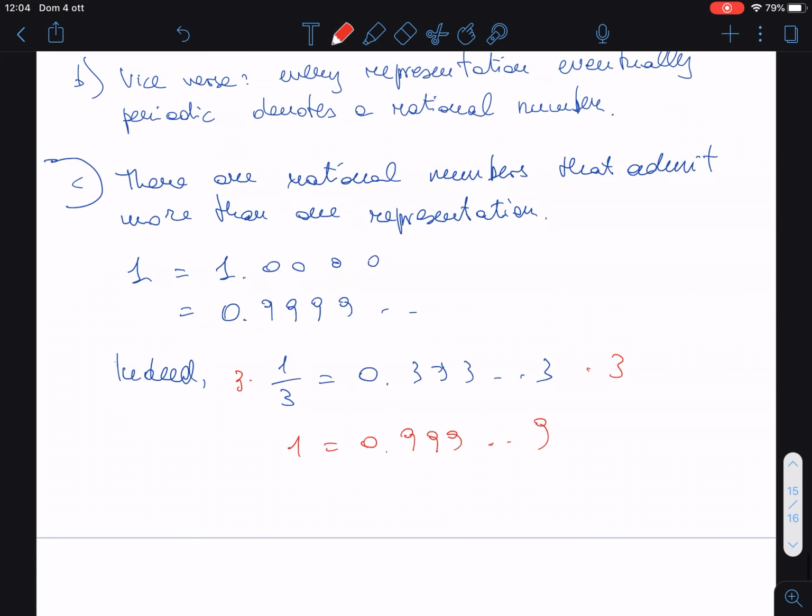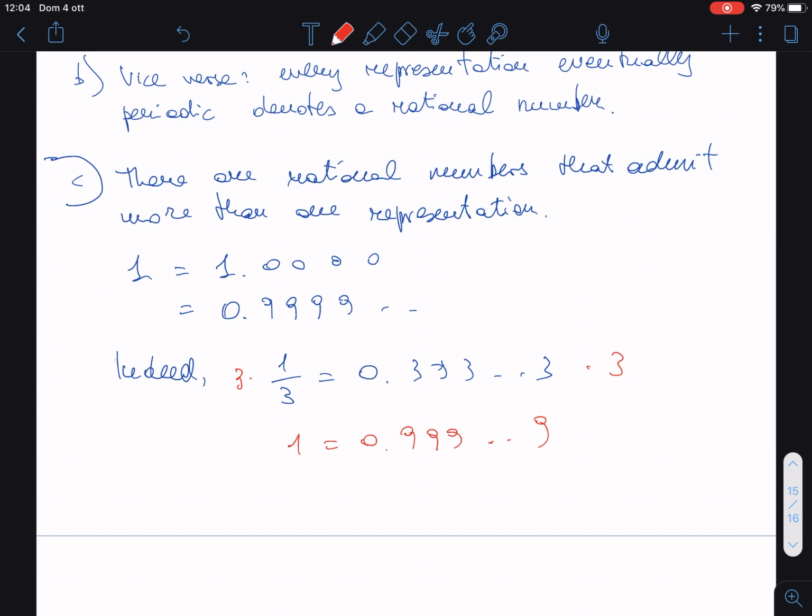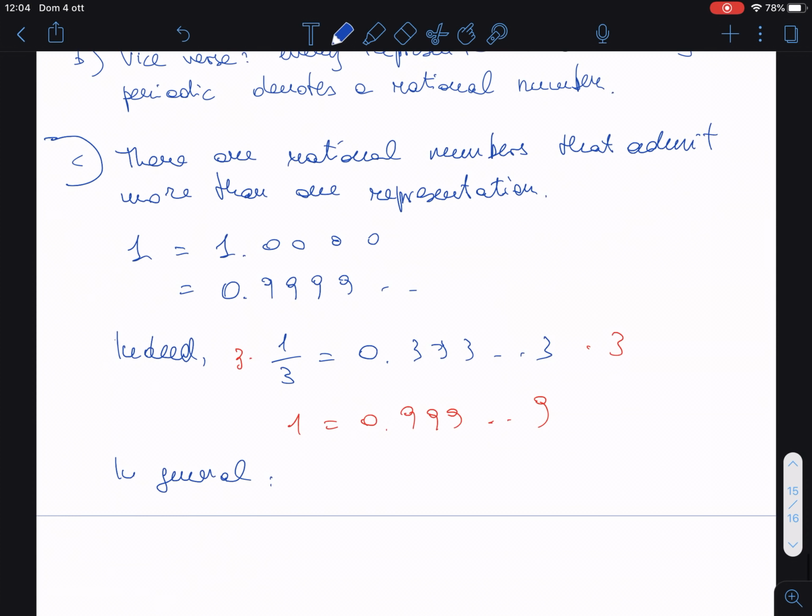And in general, the number n dot beta 1 ... beta k all zeros is equal to n dot beta 1 ... beta k minus 1, and then all nines. This is a sort of pathology of this representation, but it is very easy to overcome, because we just say that by convention we will always use the development with all zeros.